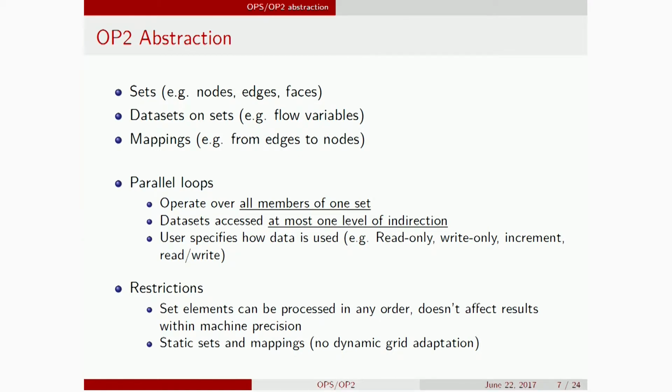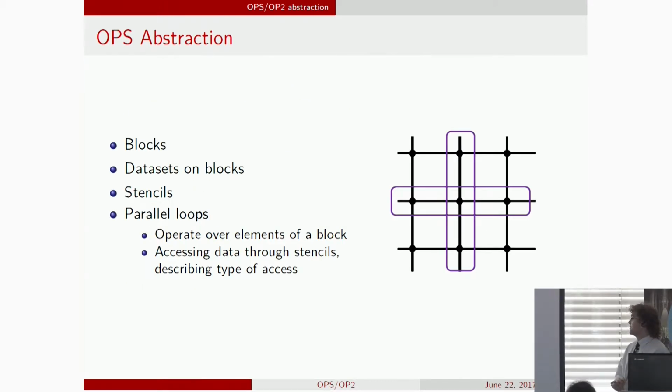That means if I iterate through the edges, and I have the mapping that one edge is connected to these two cells, then I can use the data on these cells as well. But we have two restrictions: all the iterations can be run in any order, and the mappings and the sets mustn't be changed during the whole simulation.